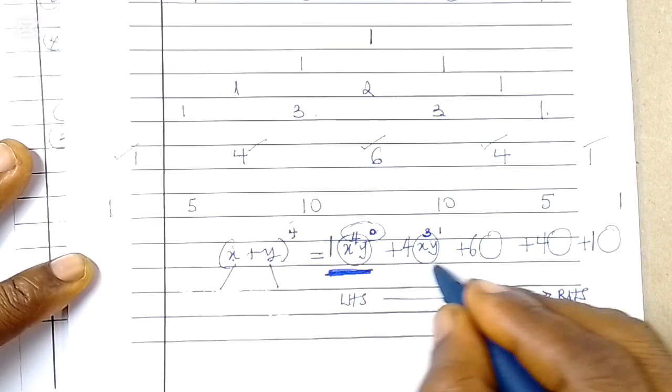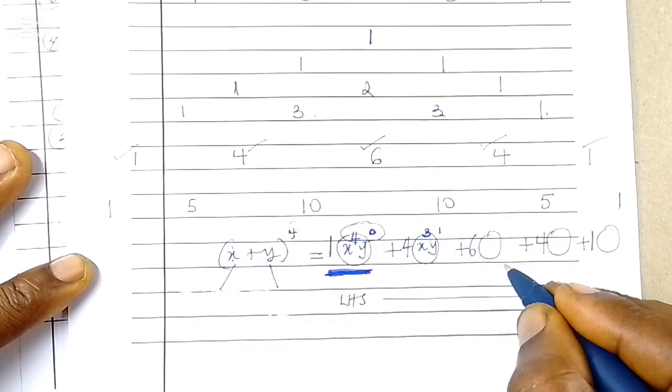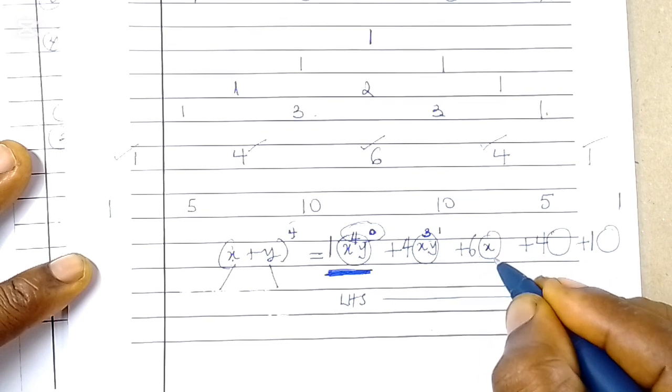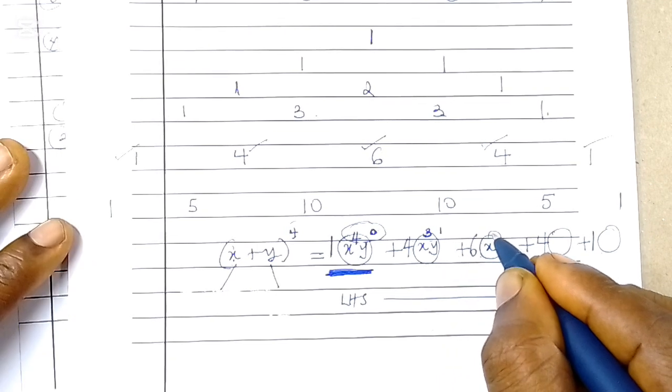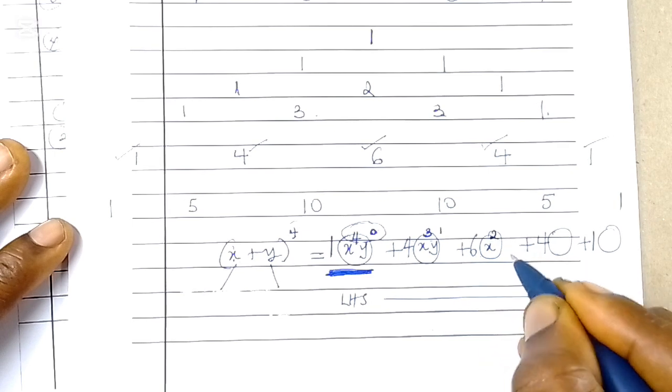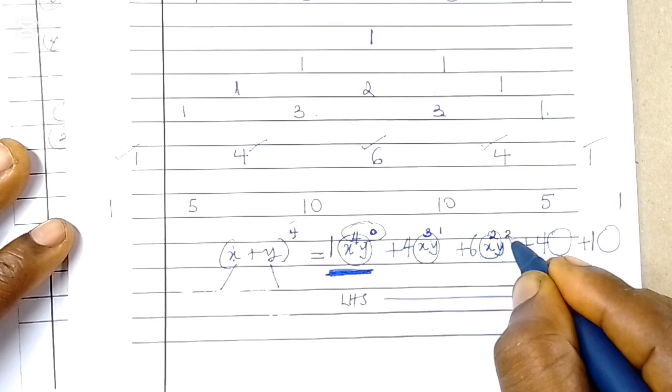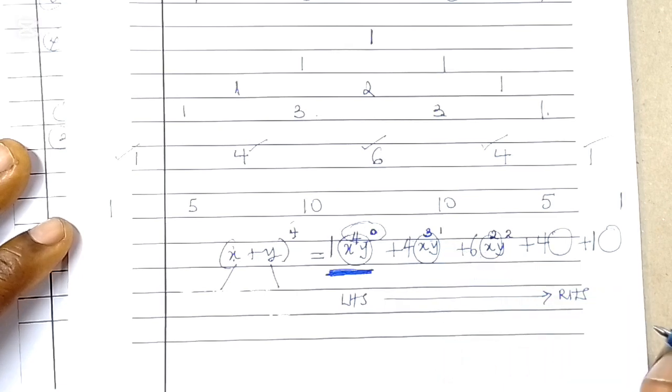Okay? Now, if you move a step again into the expansion from left to right, x will carry 2 because it will drop by 1 again, and y will carry the power 2 because it will increase by 1.